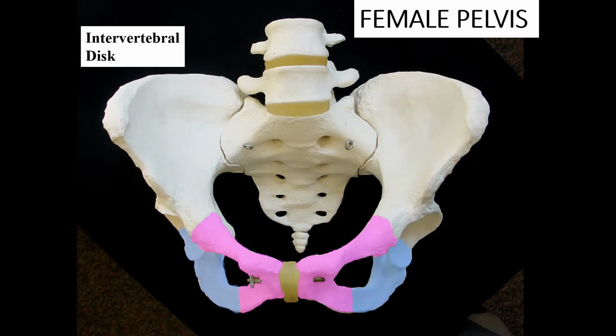But there are some very distinct differences in the female pelvic structure versus the male structure. Now, common bone here, this is called the ilium. We can find our ilium because there's an edge to the ilium called the iliac crest.